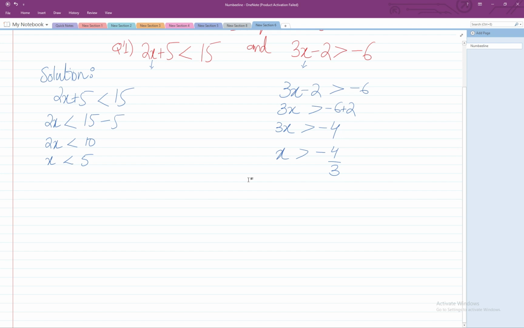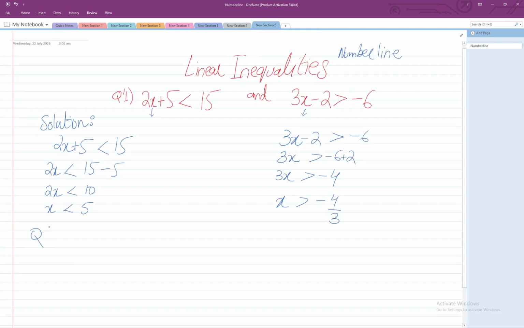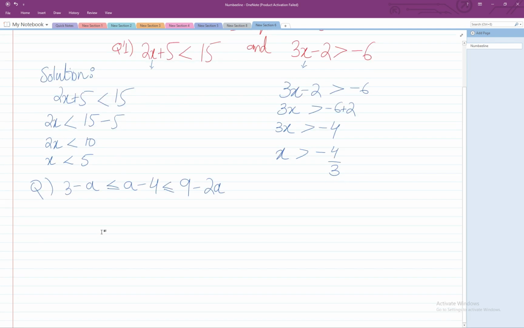So we will consider the next question here: 3 - a is less than or equal to a - 4, which is less than or equal to 9 - 2a. If you note, we have the first part and the second part, so we will break this inequality.